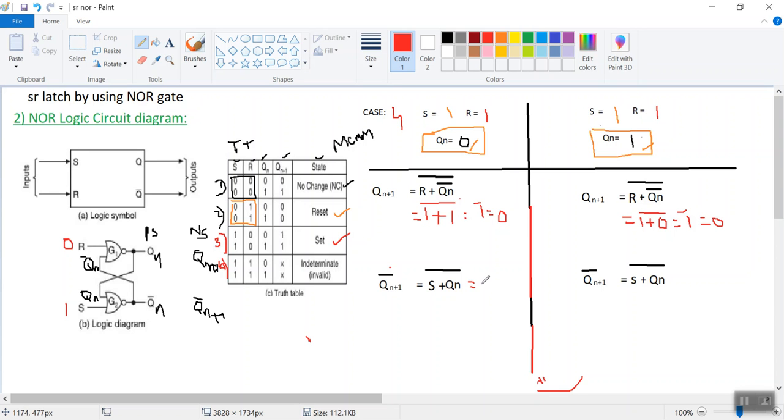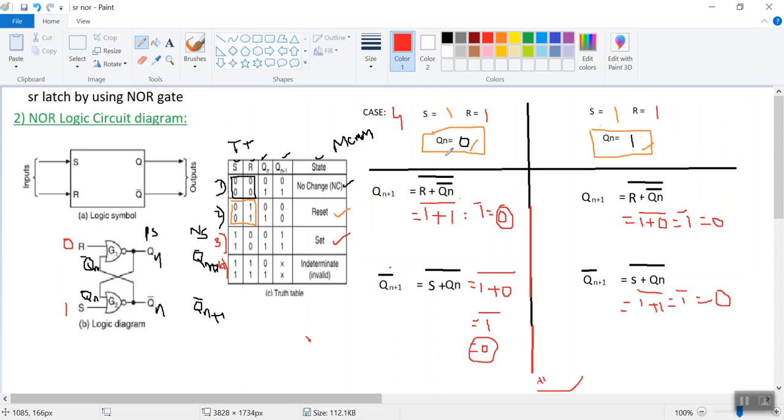S is equal to 1 and Qn value is equal to 0. So 1 plus 0, you are getting 1. So 1 complement is equal to 0. Whereas in this particular case also S value is 1 and Qn value is also 1. 1 plus 1 is 1, 1 complement is 0. So in all the cases you are getting 0 and 0.